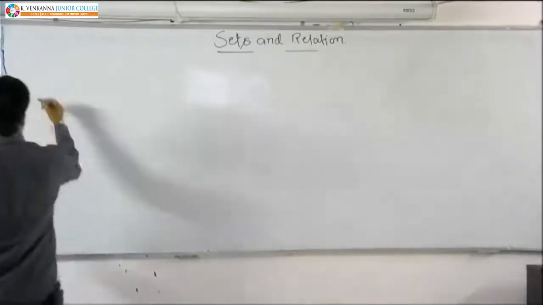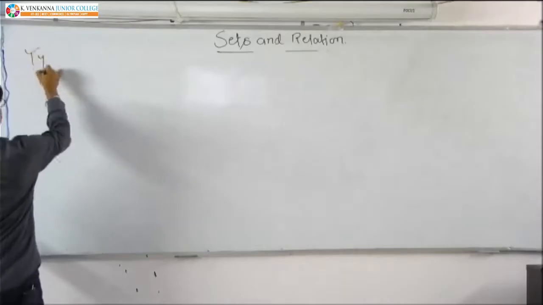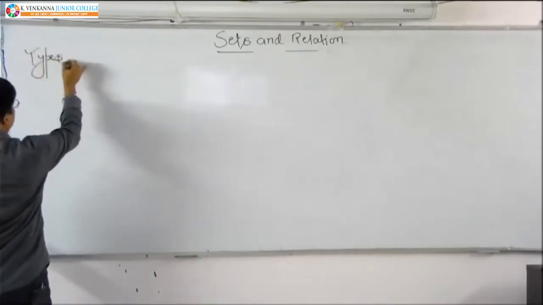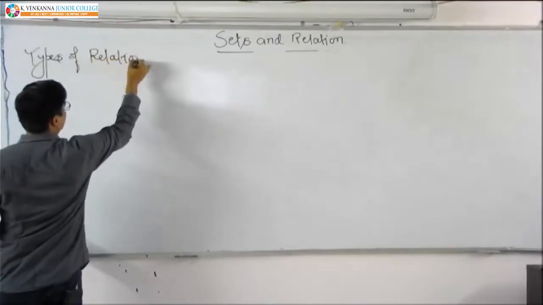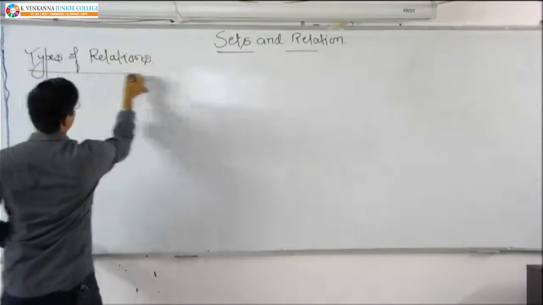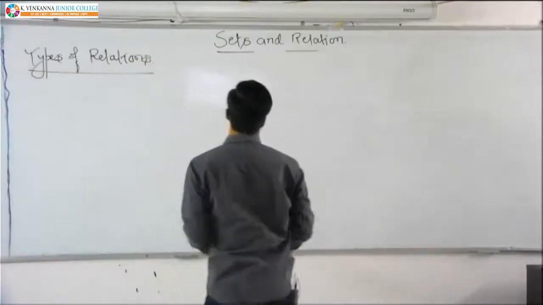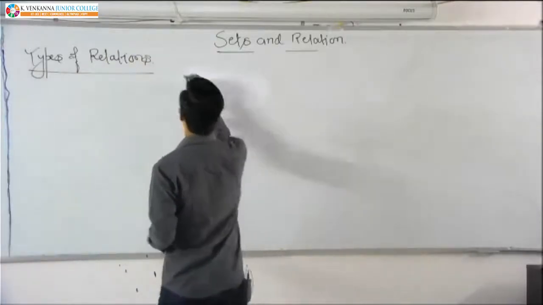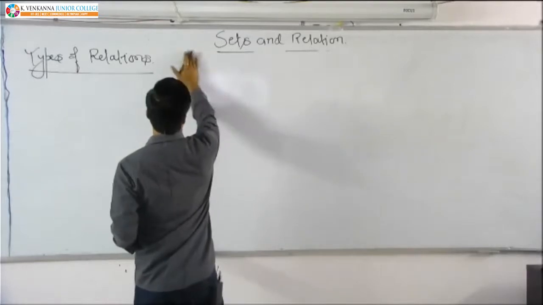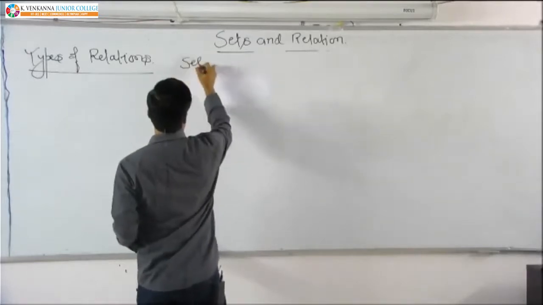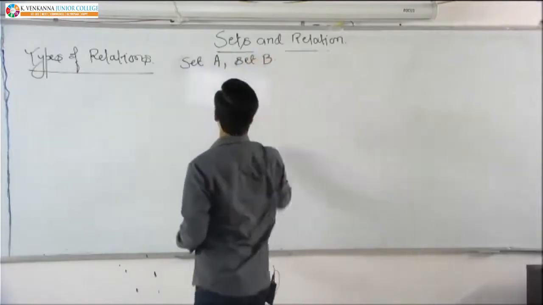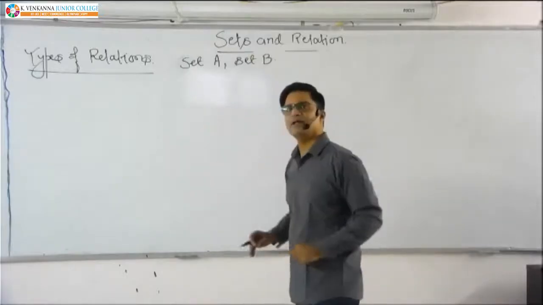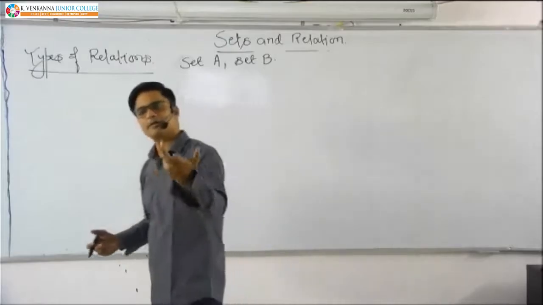So types of relations. Let's say we have two sets, set A and set B. Set A has some elements, set B also has some elements.